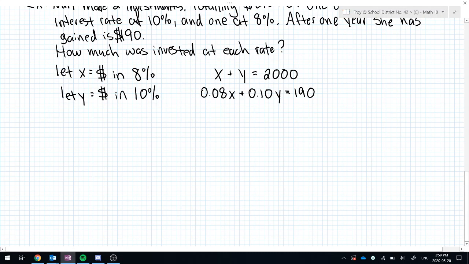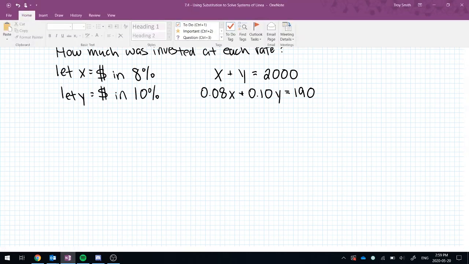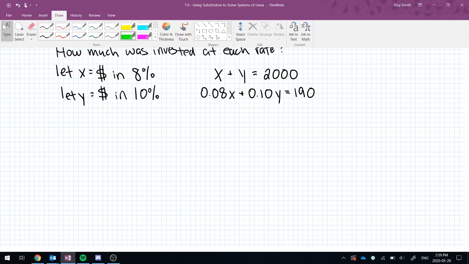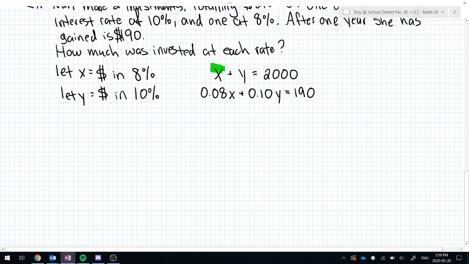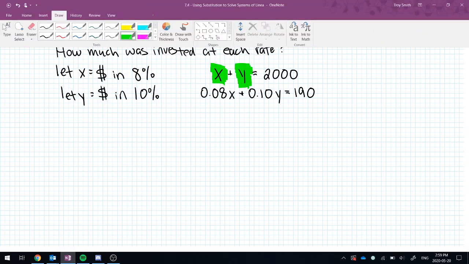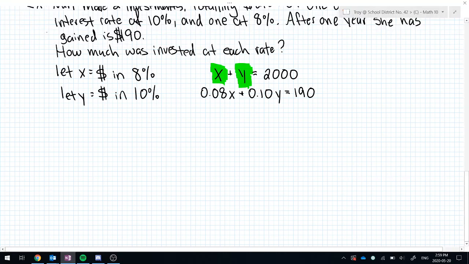So if we take a look, actually there's two variables that don't have coefficients here. This x does not have a coefficient, and this y also does not have a coefficient. The other x and the other y do. So what I would recommend is to either isolate for x or y with the first equation. It's going to be a little easier.